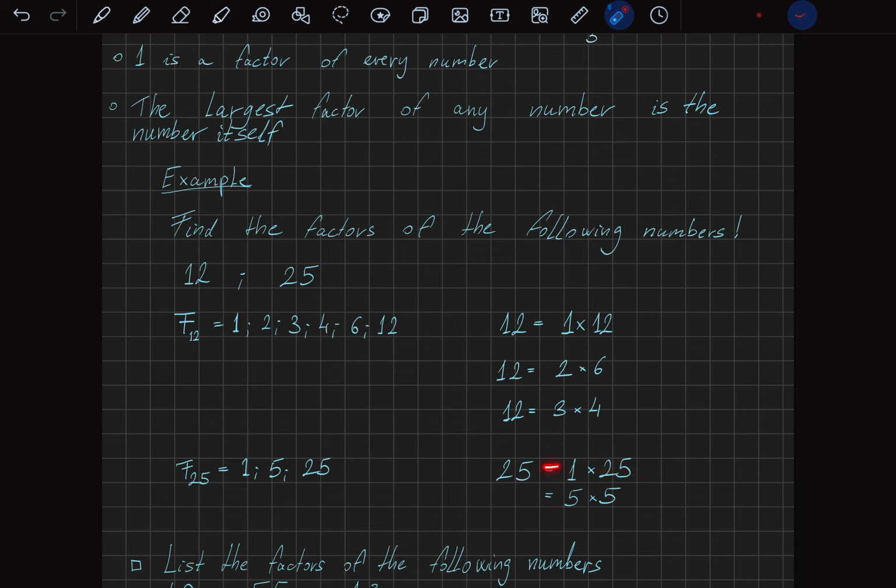You can see sometimes I just use this method and I don't write the 25 everywhere. The factors of 25 are 1, 5, and 25. I list every number just once, and you can see they are in pairs, like this.